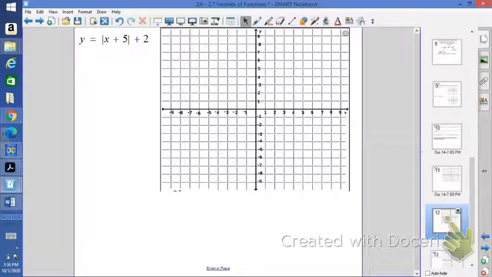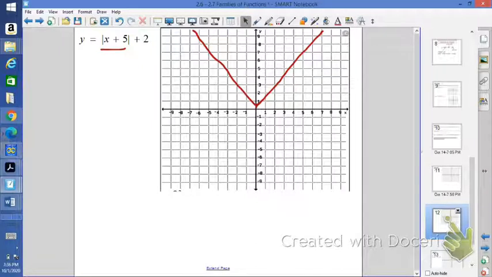Okay, now for this next one, we're not dealing with a quadratic equation anymore. This is an absolute value equation. So what does the parent absolute value function look like? It's V-shaped, where its vertex is at the origin. Okay, so now we're going to move this. Add to the x. So it's not inside parentheses, it's inside the absolute value bars.